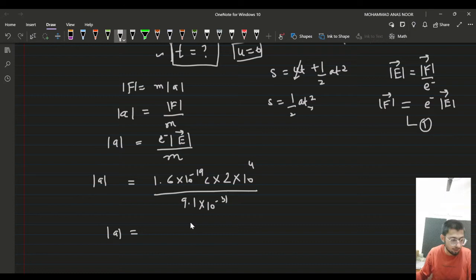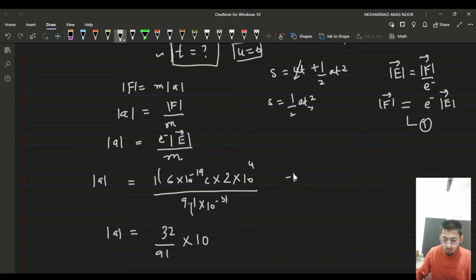How much is it? This cancels out already. 32 into the power how much?